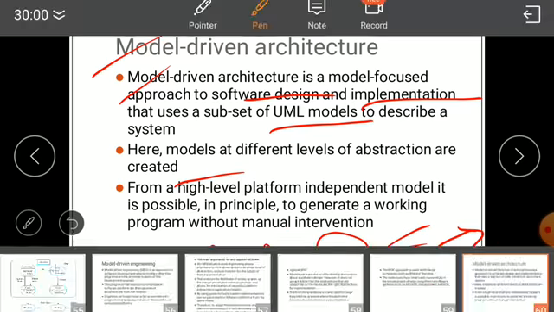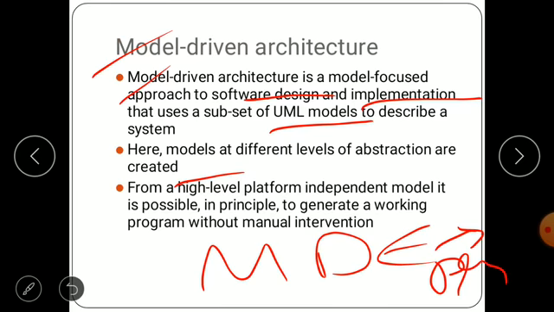Okay, for a high level platform independent model, it is possible in principle to generate a working program without manual intervention.